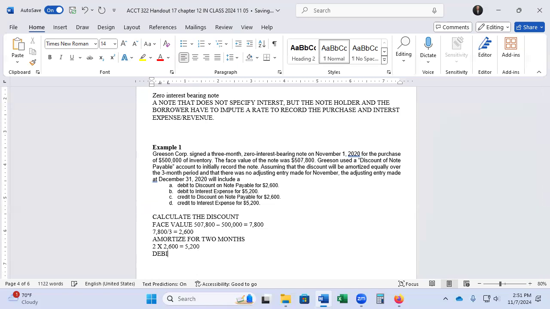And so your entry would be debit interest expense for 5,200, and you would credit discount on note payable for 5,200. And so that answer is B.